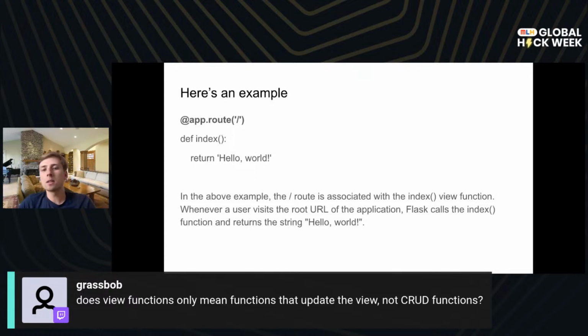We could pass the profile picture into the view function, and then the view function would be able to display that profile picture. So that's actually an update, right? If you think about it, we updated the record, or you could also describe that as a read. So you can kind of do these functions with our view function. That's a great question.